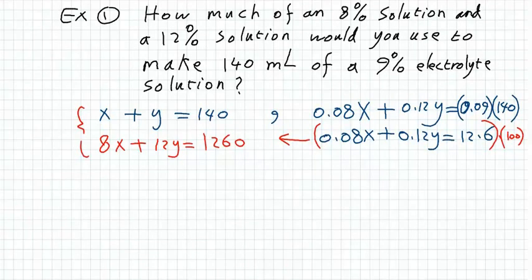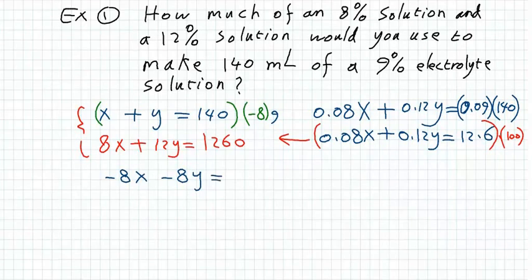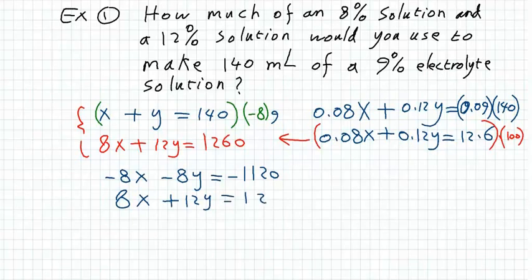If we use the addition method, if we multiply this equation by minus 8, we would have minus 8x minus 8y equals minus 1120. And the second equation, 8x plus 12y is equal to 1260.